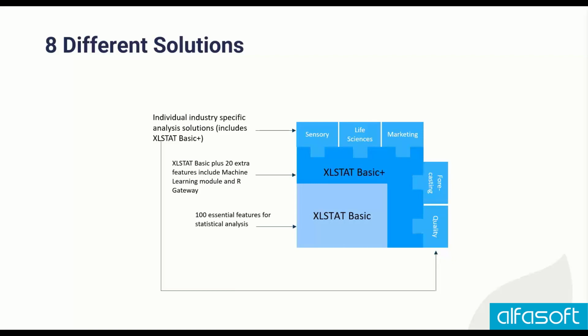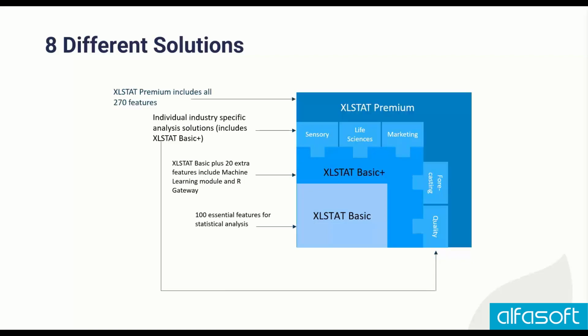So if you're into sensometrics, for example, consumer product testing, biology or medicine, marketing, engineering with a quality module, or forecasting, there are modules that contain additional analyses heavily used in those industries. And the last is XLSTAT Premium, which includes all 270 features. I'll show you later how you can find out where specific functions or analyses are bundled.